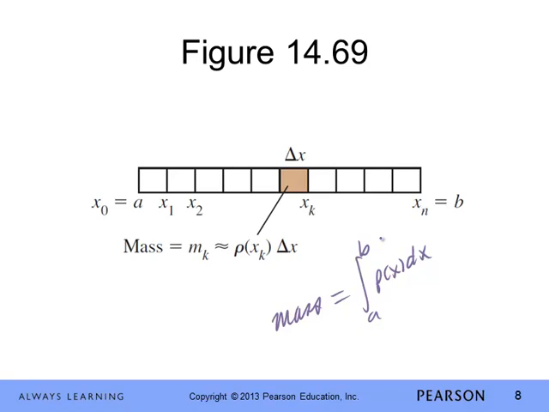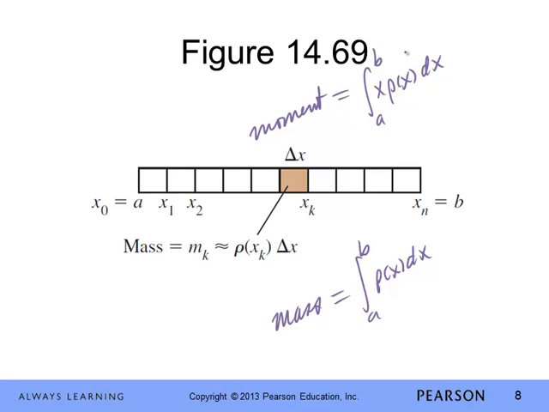And then you also need to calculate the moment, which is just basically x times the density. And then take the moment divided by the mass in order to get your center of mass, or aka the balance point.